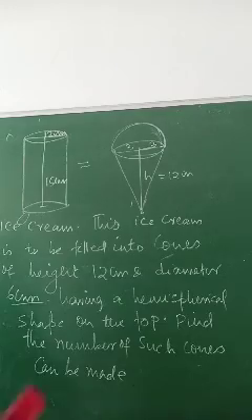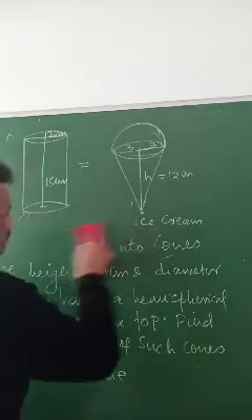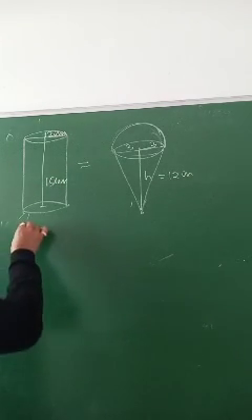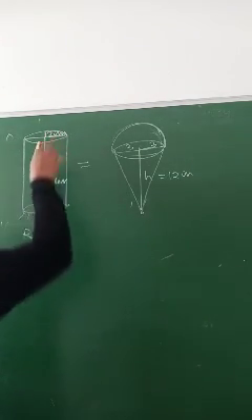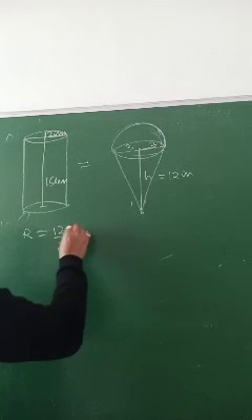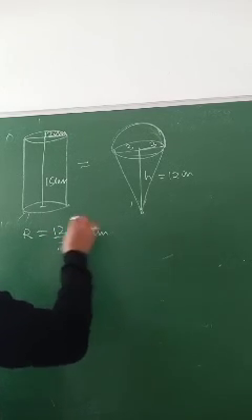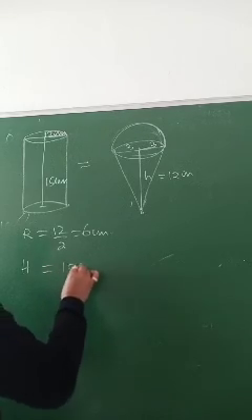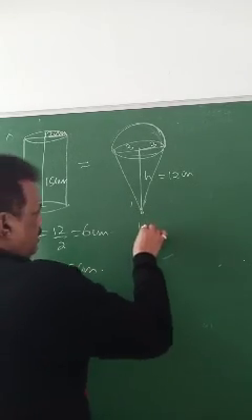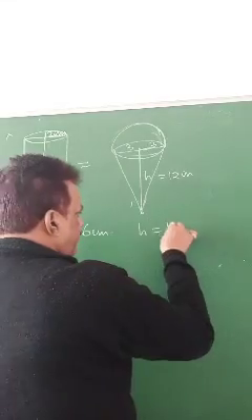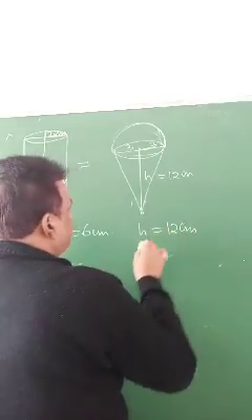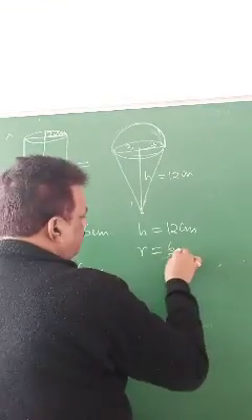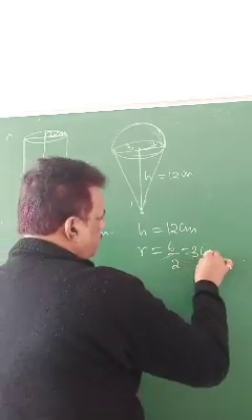Okay. So you can write here, R equals to 12 by 2, 6 centimeter. Height equals to 15 centimeter. Here you can write height equals to 12 centimeter, and r equals 6 by 2, that is 3 centimeters.